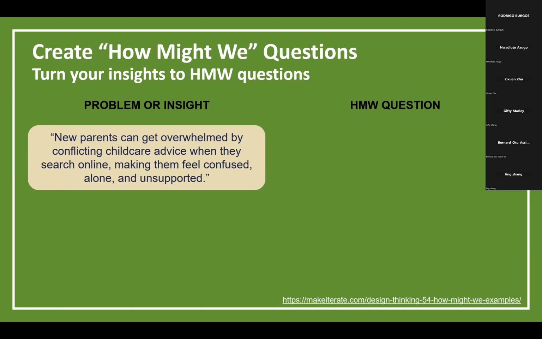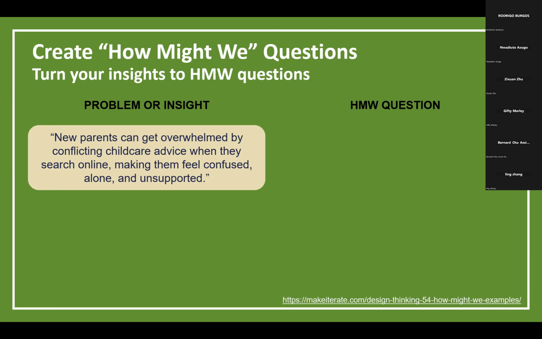So for example, after their data gathering, they summarized the problem this way: that new parents can get overwhelmed by conflicting childcare advice, especially when they search online. And this makes them even more overwhelmed, confused, alone, and unsupported. So thinking about that, they identified these how might we questions.